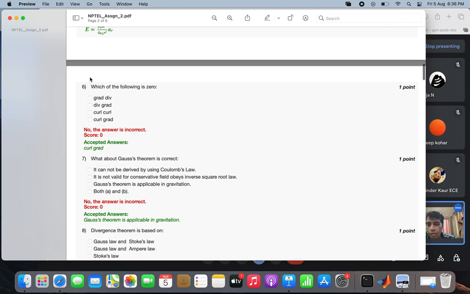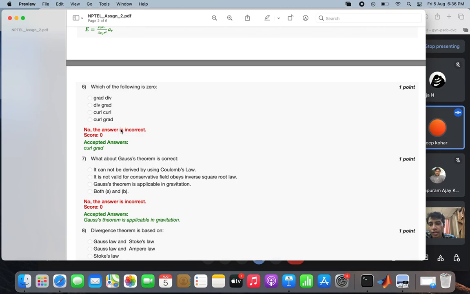Which of the following quantities is 0? Gradient of divergence, or divergence of gradient, or curl, or curl of gradient?